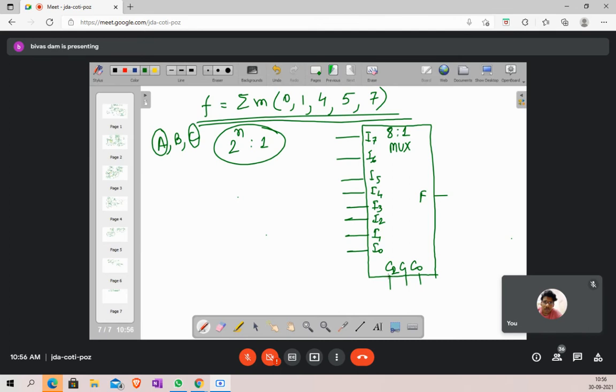Here C2 is the most significant control input bit and C0 is the least significant. So the most significant input bit will be connected to the most significant control input line and the least significant input to the least significant control input line. So A gets connected here, B here and C here.